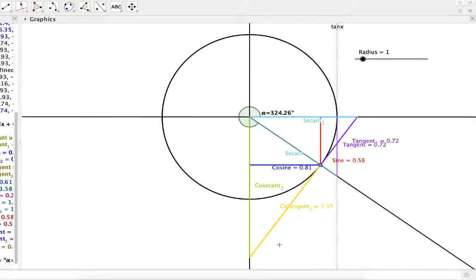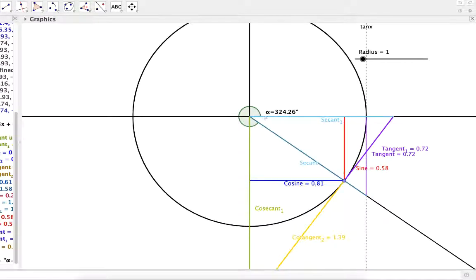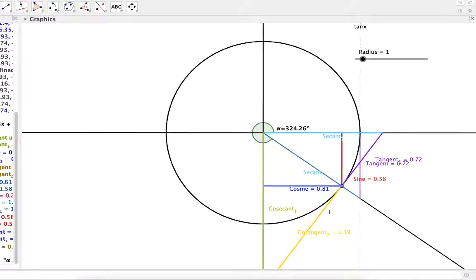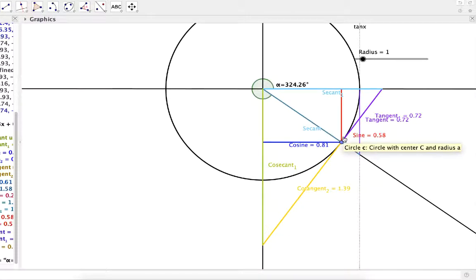Now secant is positive, and we can see that by our second construction of secant. So we don't pay attention to this secant line, we actually pay attention to our new construction of secant line, which starts at the origin in the positive x direction out to the point where our new construction of tangent hits the x-axis, and we're able to see that it has a positive x direction, so that secant is positive, and cosecant is negative because of our new construction of cotangent, where it goes from point P as a cotangent down to the y-axis.